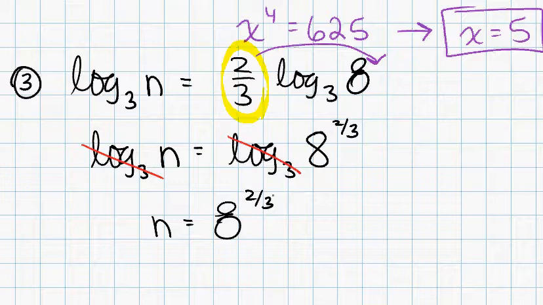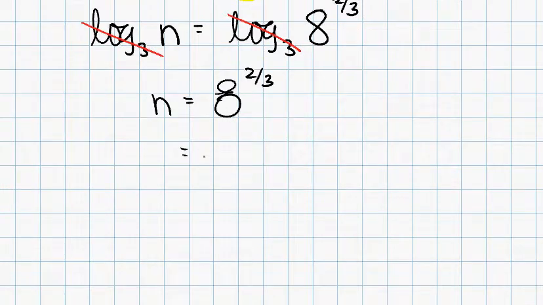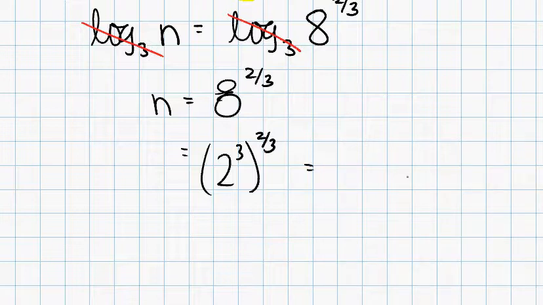You could rewrite 8. 8 is 2 times 4. 4 is 2 times 2. So this is 2 to the 3rd to the 2/3. Powers of powers mean that you multiply. 6/3 is just 2, which gives you 4.